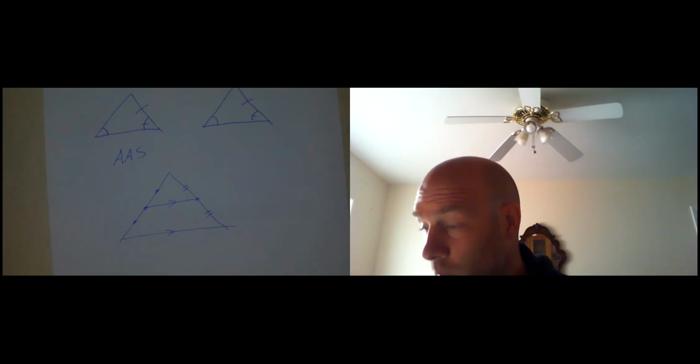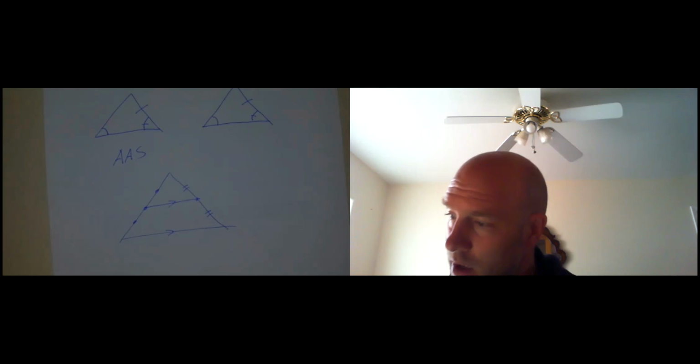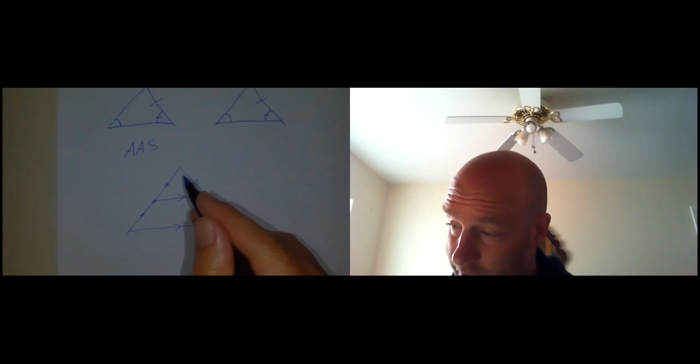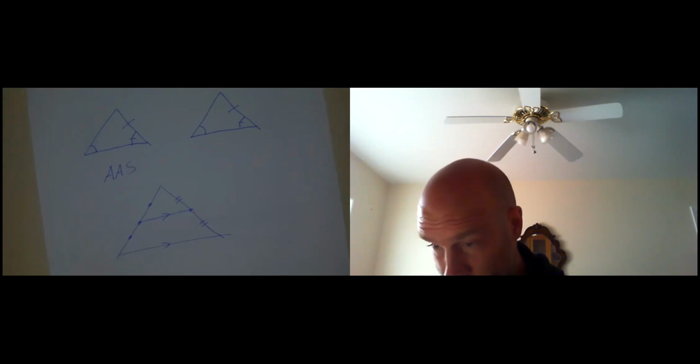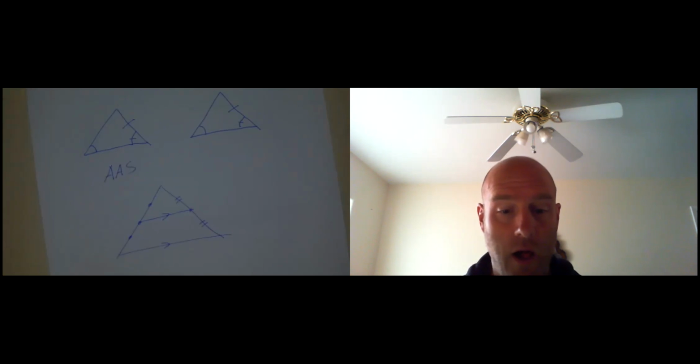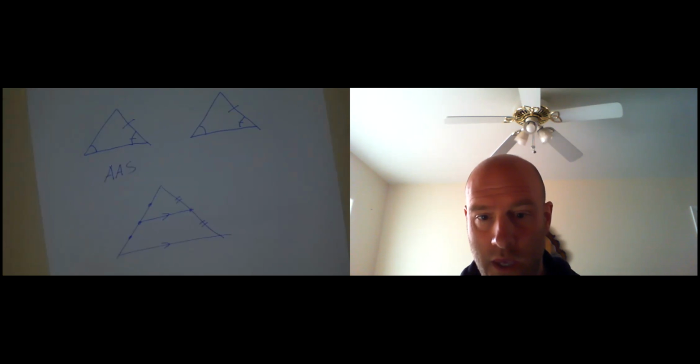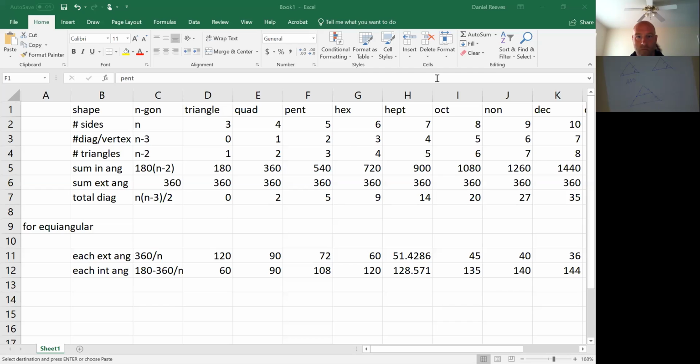Not particularly interesting once we start getting into similarity, because the small triangle here is similar to the big one, and the ratio of their lengths is just 1 to 2. So that one kind of goes away in terms of importance. Anyway, on to the formulas.